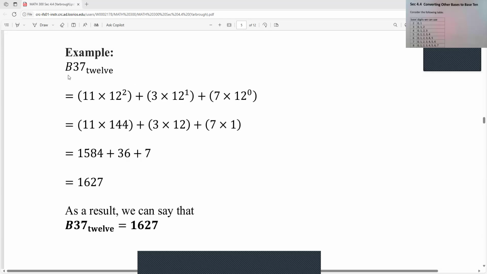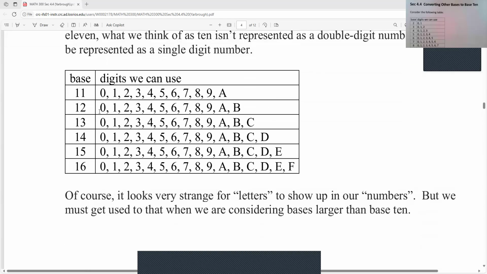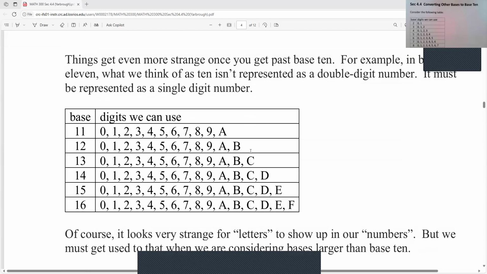That B right there is actually, remember, representing 11. When we're doing base 12, all of the numbers are made up of these types of characters right here. And the A equals 10 and the B equals 11.